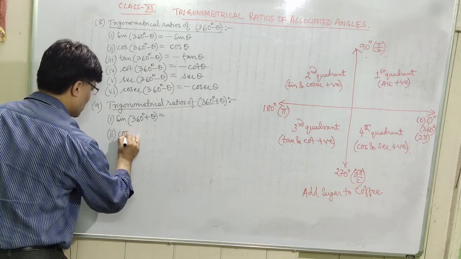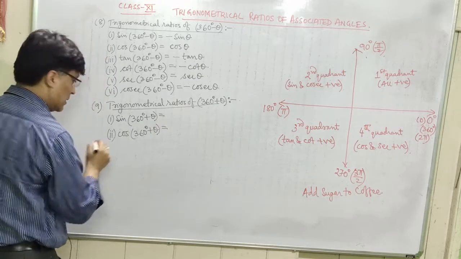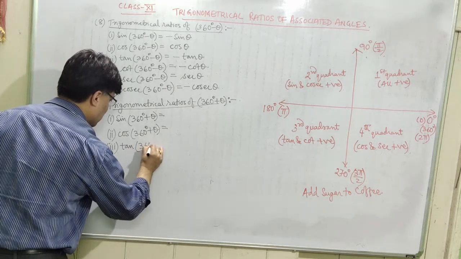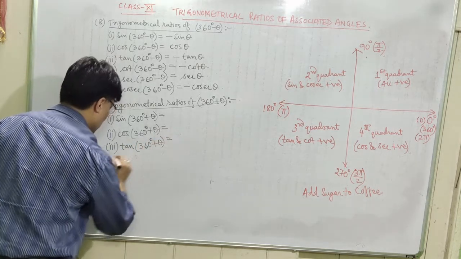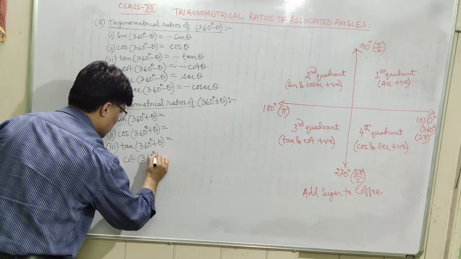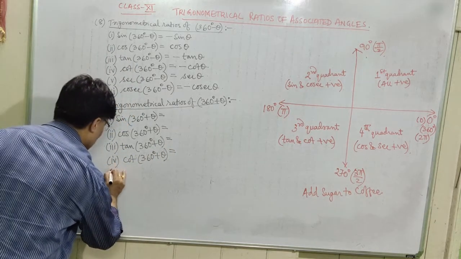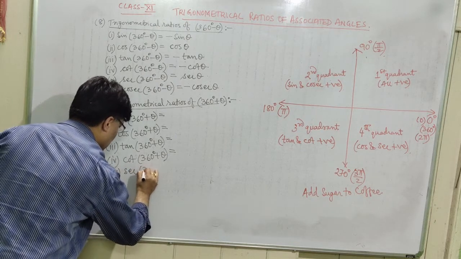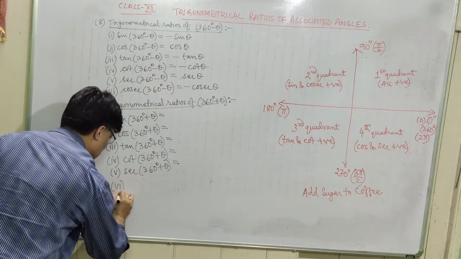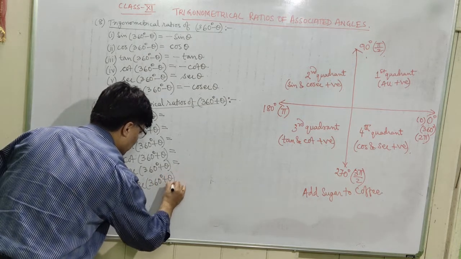Number 2, cos 360 degree plus theta. And number 3, tan 360 degree plus theta. Number 4, cot 360 degree plus theta. Right? Next comes sec 360 degree plus theta, and number 6 is cosec 360 degree plus theta.